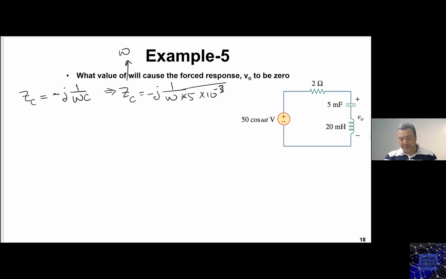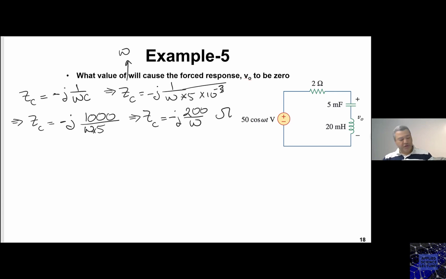So ZC is minus J, then 10 to the power minus 3 goes up, becomes 1,000 divided by omega times 5, right? Or ZC is minus J 200 over omega.